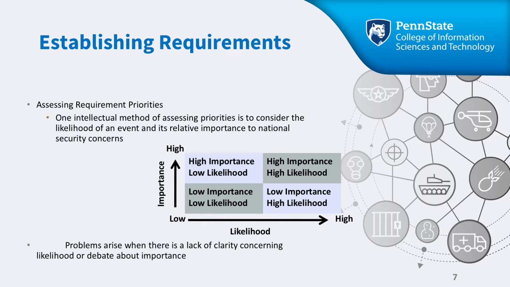Let's go to the bottom right. Low importance and high likelihood. That's something that's probably going to happen very likely, but we're not going to care that much about it if it does. For example, for a long time in the decades past, there were governments changing in Italy every few months, it seemed.